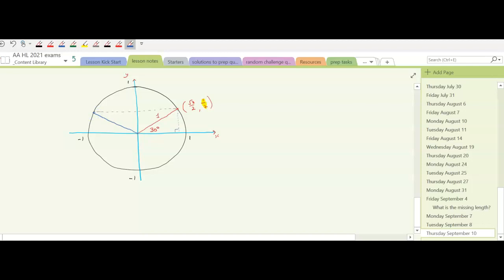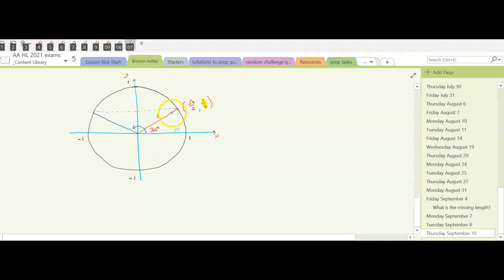Whatever this angle in here is has the same y coordinate as the 30 degree angle. And over here my coordinates are cos 150, I've given the game away, cos of this angle, whatever it is, and sine of whatever that angle is.